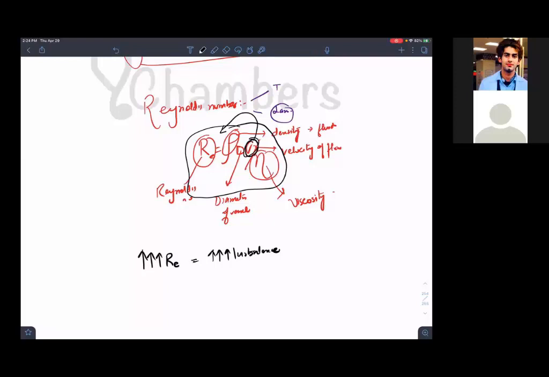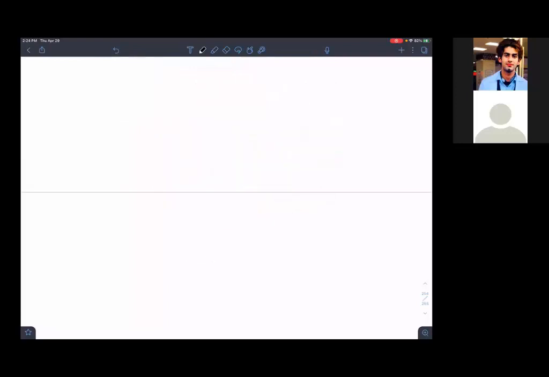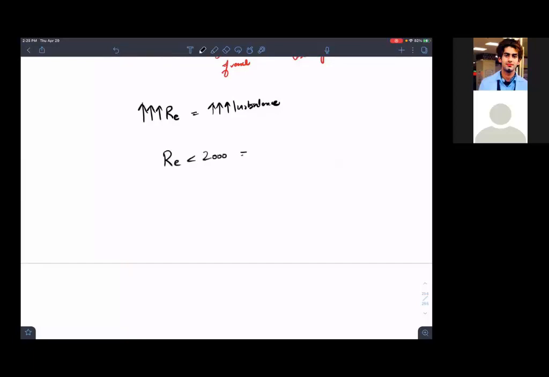Okay. Is it clear? So I will give you two values and you have to play with those values only in the exam. The values are 2000 and 3000. If the Reynolds number is less than 2000, there will be no turbulence.